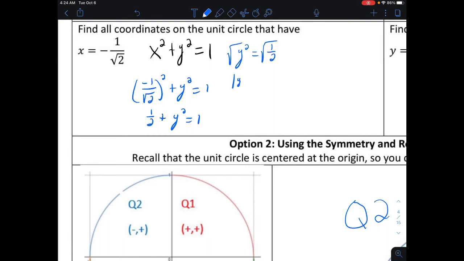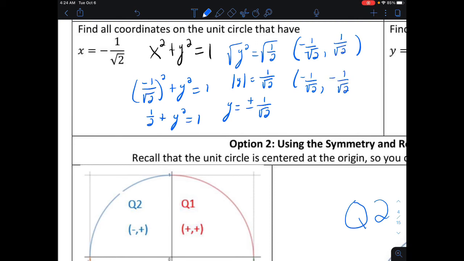Square root of y squared is the absolute value of y. The square root of 1/2 is the same thing as 1 over the square root of 2. So y could be two possible numbers, positive or negative 1 over the square root of 2, which I could rationalize, and that makes the square root of 2 over 2, but I'm not because of what I started with. So these coordinates have x values of negative 1 over the square root of 2. The y values that go with these coordinates are positive 1 over the square root of 2 and negative 1 over the square root of 2.